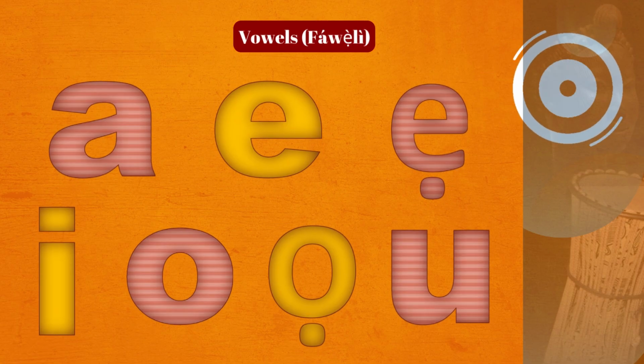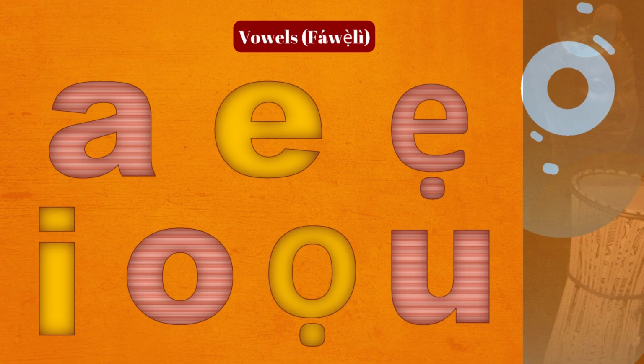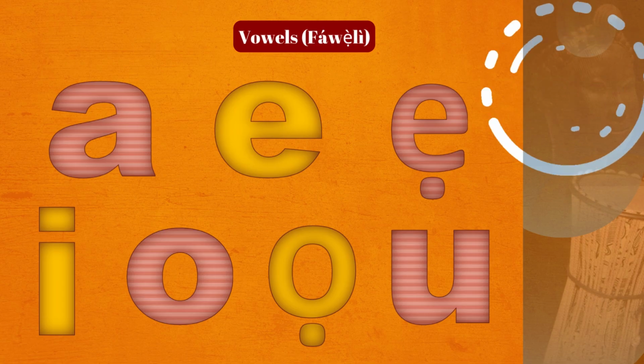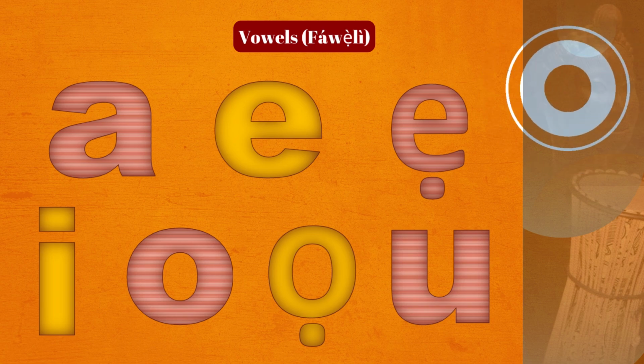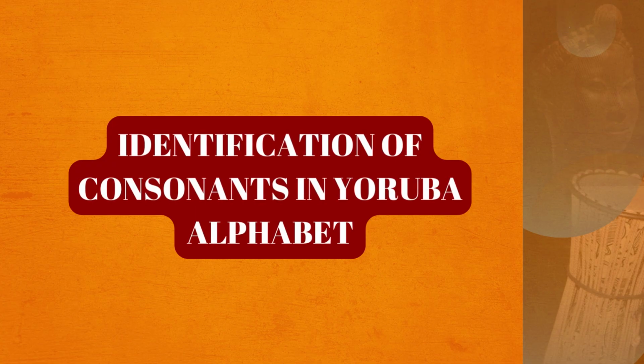They are A, E, Ẹ, I, O, Ọ, and U. That's a simple way of calling or pronouncing the whole 7 vowels. 7 of them.